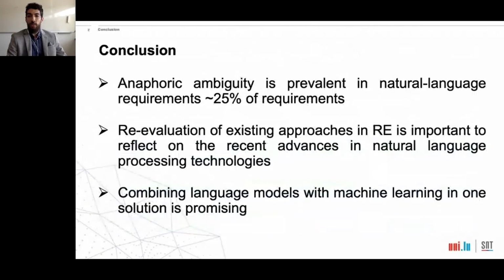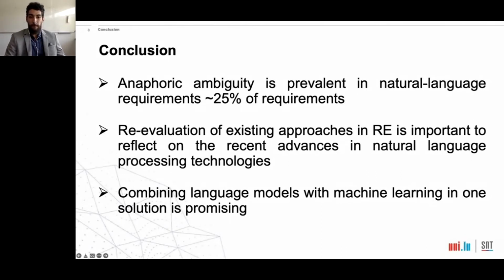In conclusion, we have seen the importance of anaphoric ambiguity in requirements and how problematic it can be if left unaddressed. Our findings reveal that language models do not always outperform traditional supervised machine learning methods in this task. Also, combining language models with machine learning in one solution is promising. Thank you.